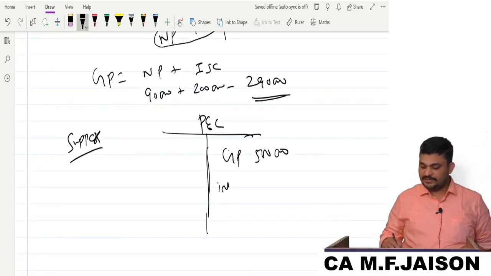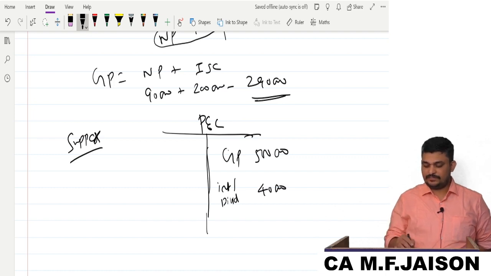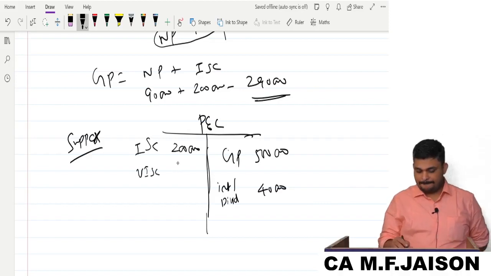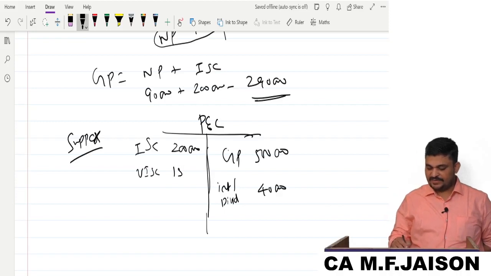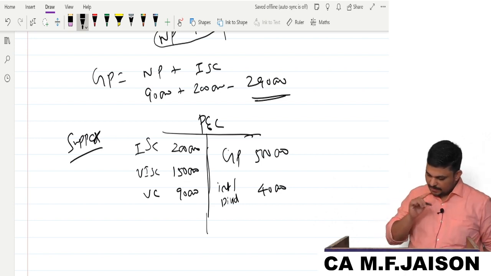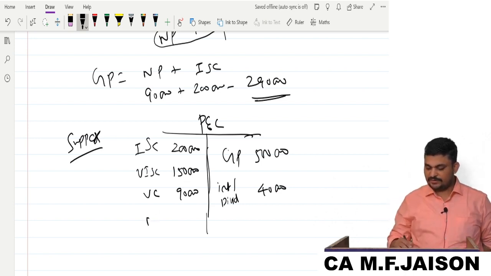You have some interest and dividend income 40,000. Then you have insured standing charges 2 lakhs, uninsured standing charges 1,50,000, variable cost 90,000. So 5,40,000 minus 4,40,000, so net profit is 1 lakh.